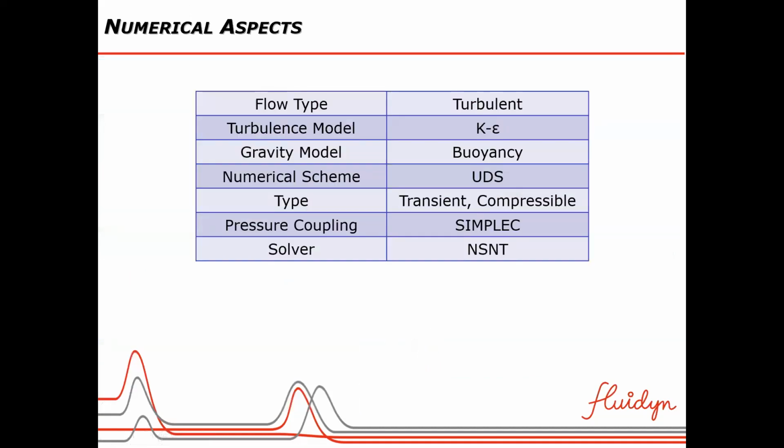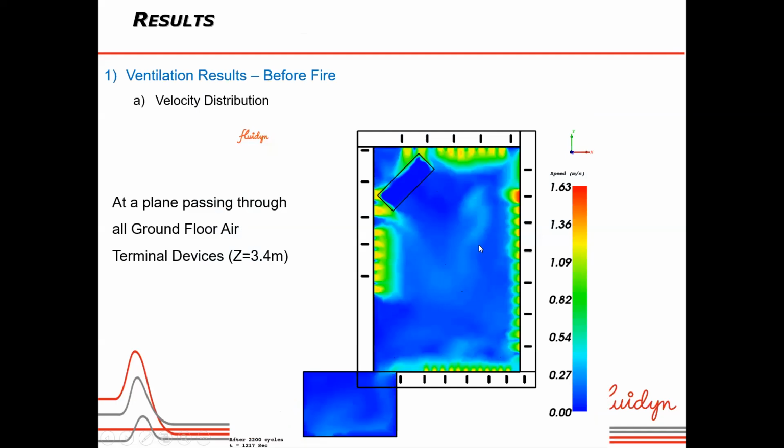For the numerical aspects, the flow is turbulent, and the gravity model was activated because of the high temperature. The numerical schemes used in UVS: type is transient compressible flow, with pressure coupling. SIMPLEX is used. The solver is NSCT.